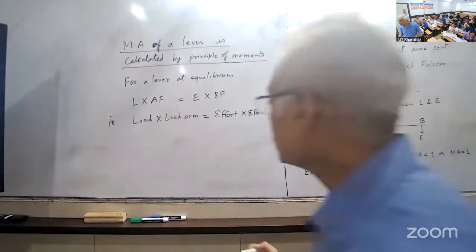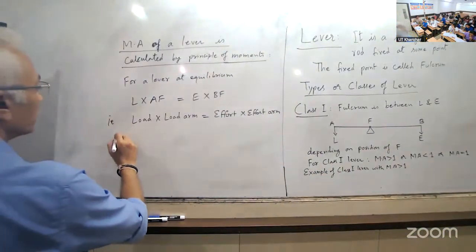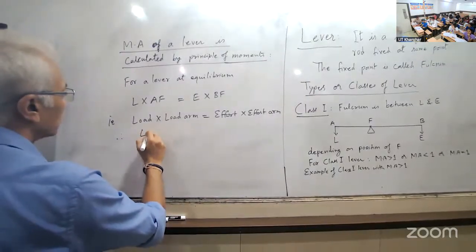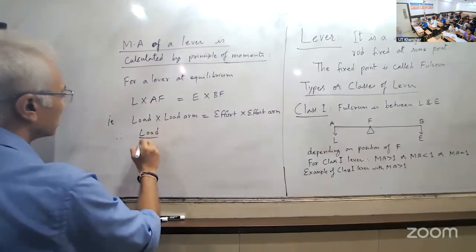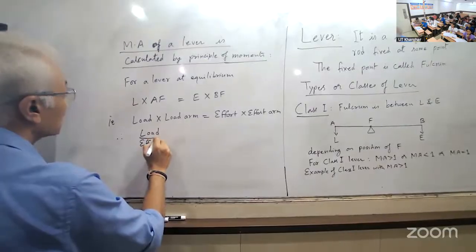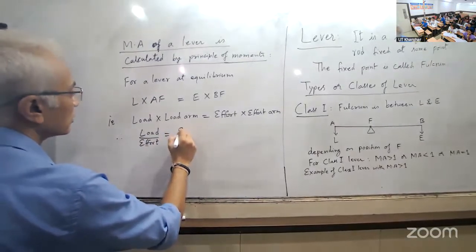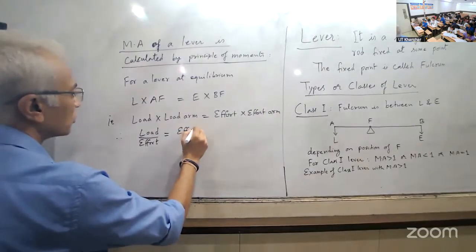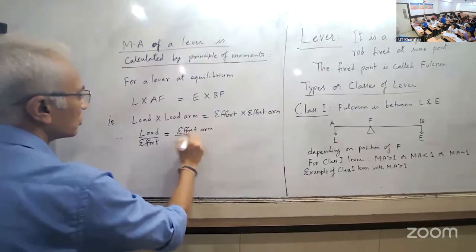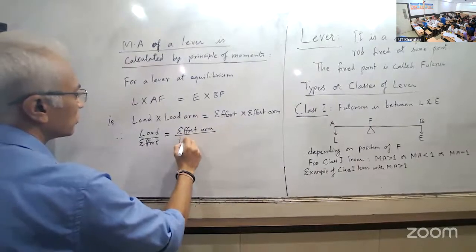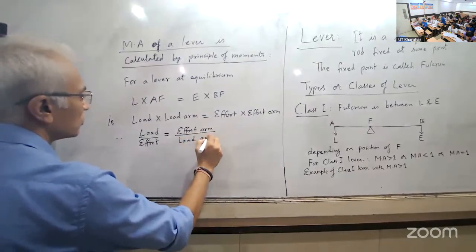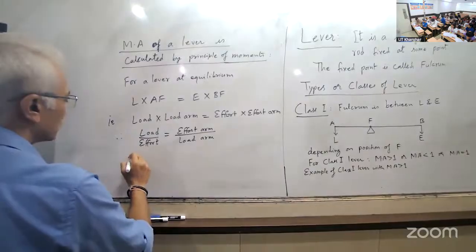Now, so what do you have therefore? Therefore, load upon effort is equal to effort arm divided by load arm.